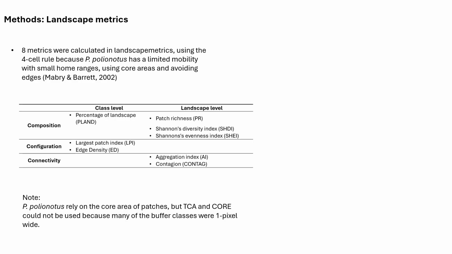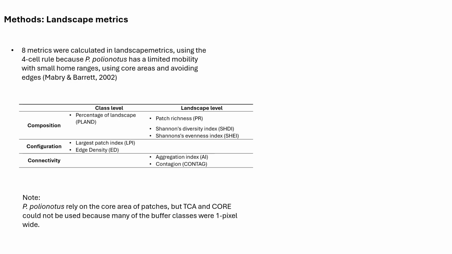At the class level, I focused on composition with percentage of landscape and on configuration with largest patch index and edge density. These metrics are relevant because they tell us how big the main patch of a class is and how much edge it has, which directly relates to whether Oldfield mouse is using large, compact core areas or landscapes dominated by edge-heavy fragmented habitats.